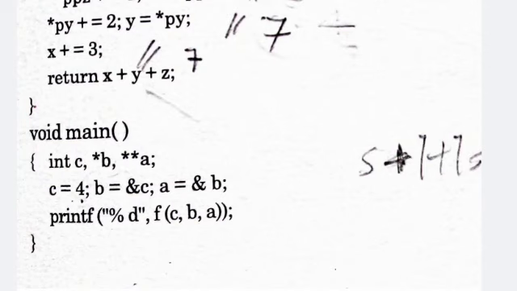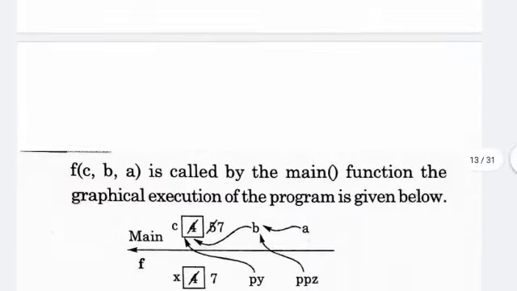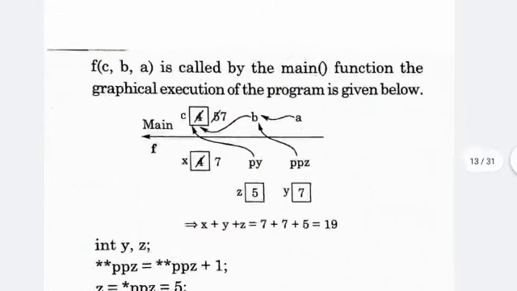Now come to the solution of this question. So the solution is given like this: when we call the function and print the function f of c, b, a, to call the main function, the graphical execution is given below. Firstly we point the values as per given.